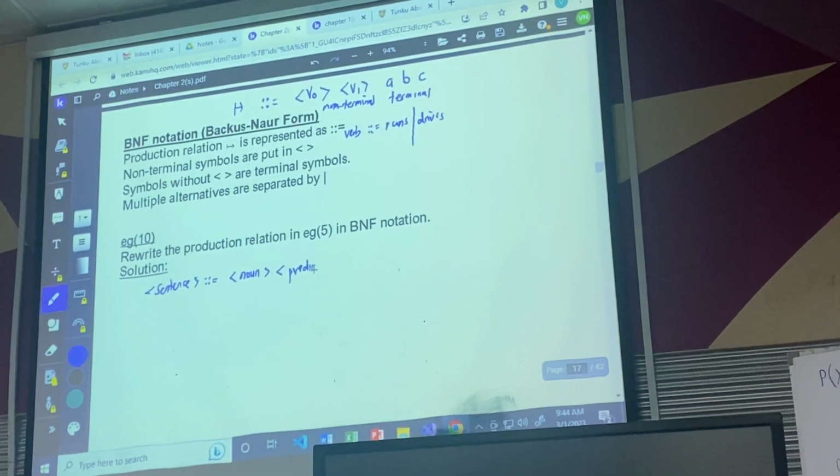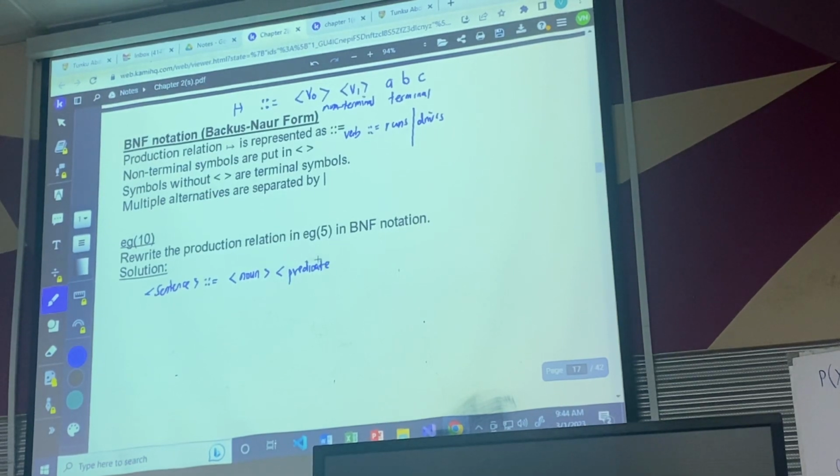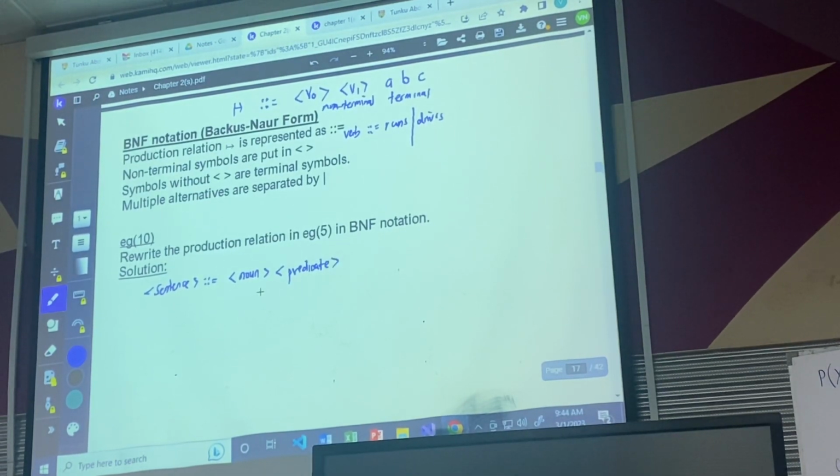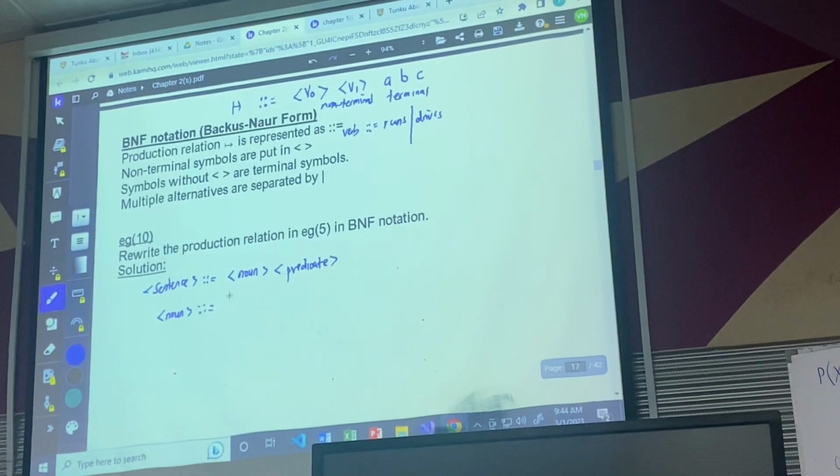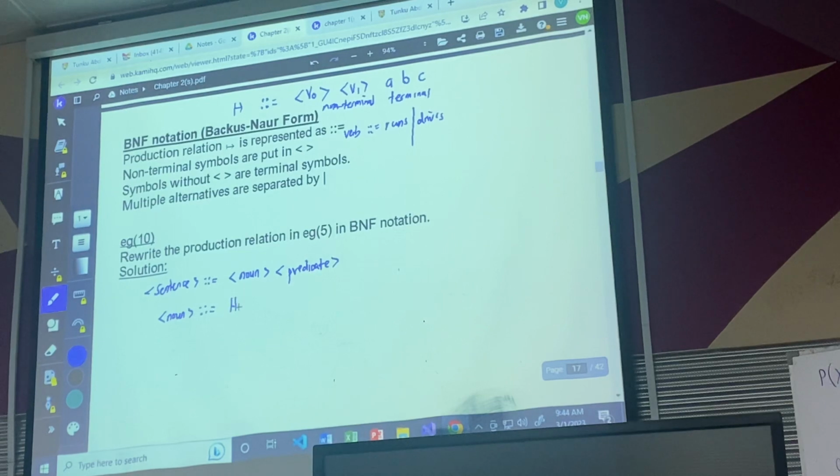Because these are all non-terminals, we put them in brackets. Then after that, we will substitute the noun, right? We can substitute noun with he or she. Put the alternative.